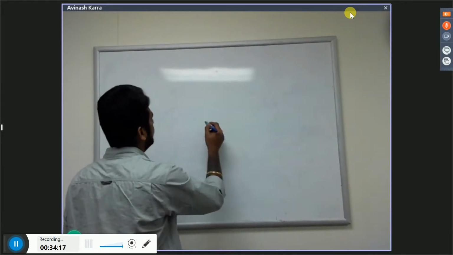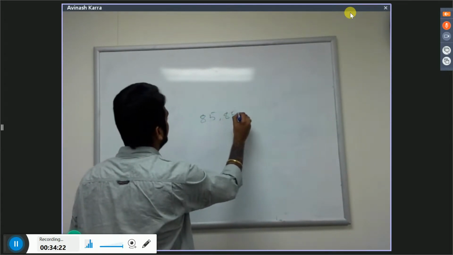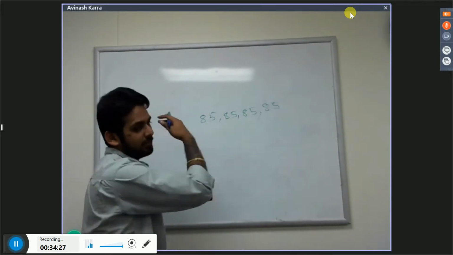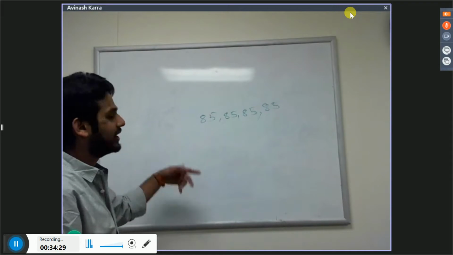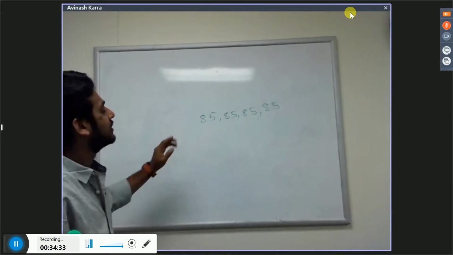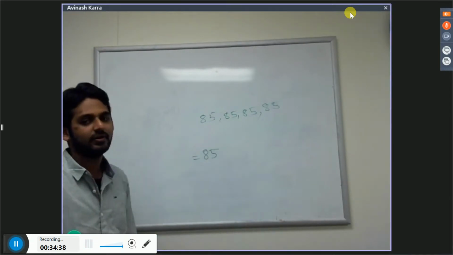Okay. Next, go to the fact E1. If all numbers in a set are same, then that number is the average. So simple. If I have a set of numbers like 85, 85, 85, 85, whatever it might be, and I take the average, it is 85.